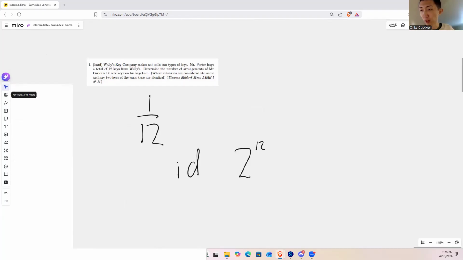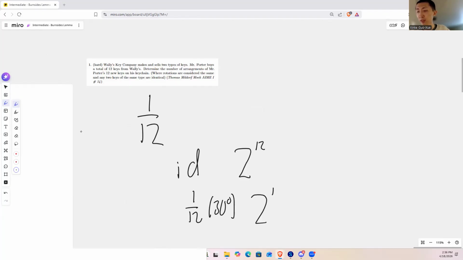If we rotate by 1/12 of a circle, so 30 degrees, then every key goes to the next key, so they're all the same. So 2 to the first. 0 is the same as 1 is the same as 2, all the way up.